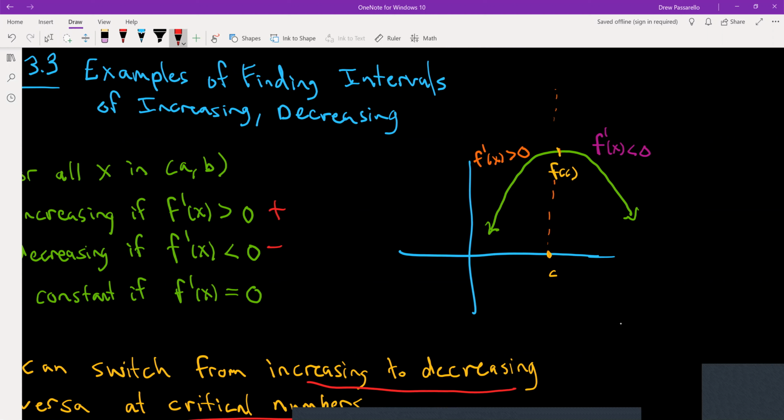So it's going up from left to right. Then to the right of c, the function is decreasing, and its first derivative is negative for all of those x values corresponding to the graph to the right of c. So it's decreasing.